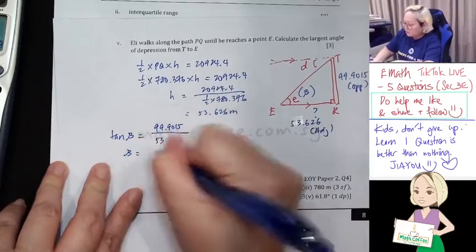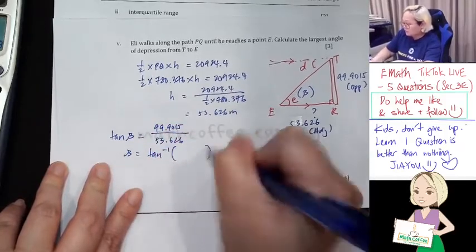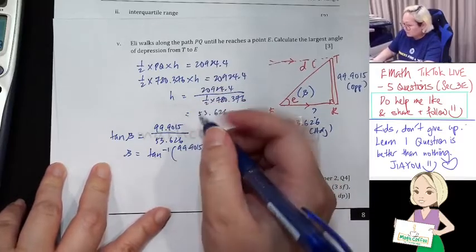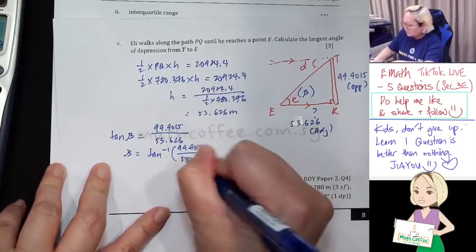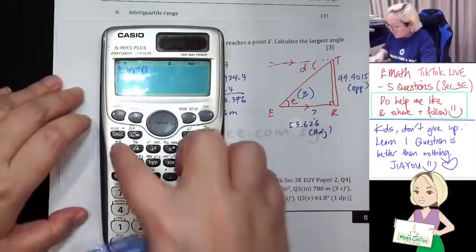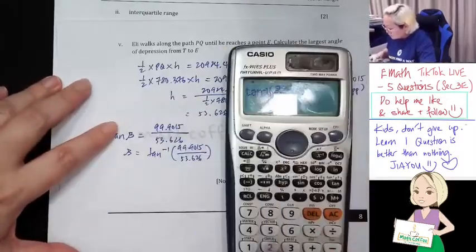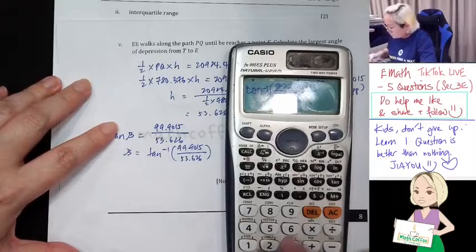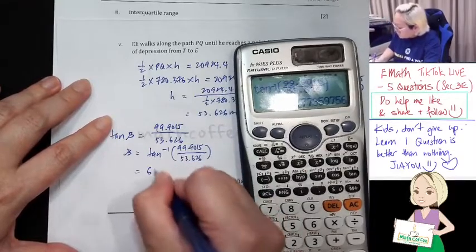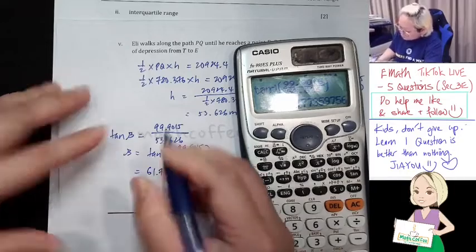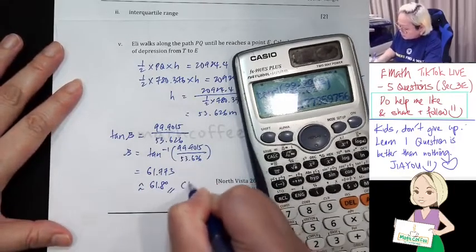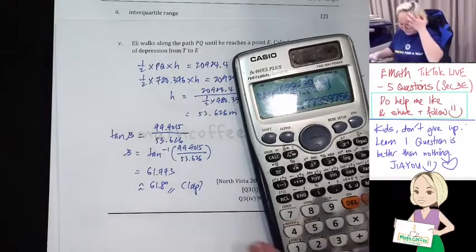So to find beta, it will be tangent inverse of the fraction 99.9015 over 53.626. And that will give us 61.773. Round off to 1 decimal place because this is an angle. So it's 61.8 degrees. Done.